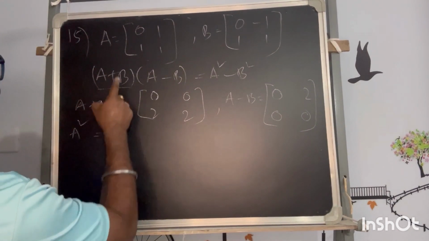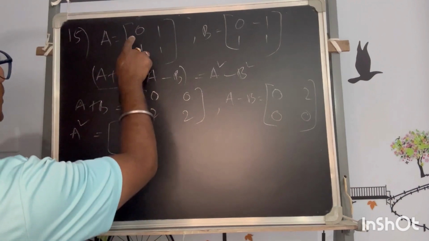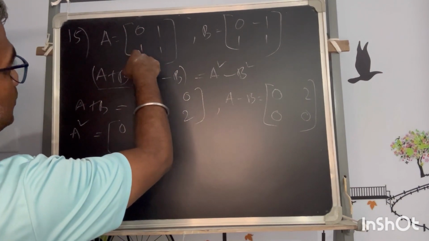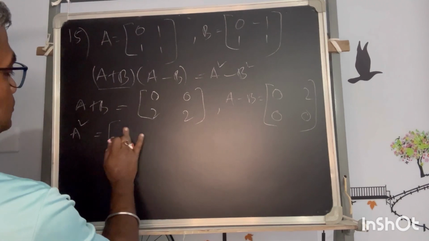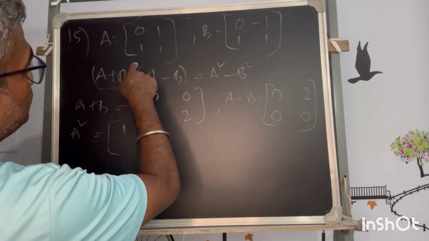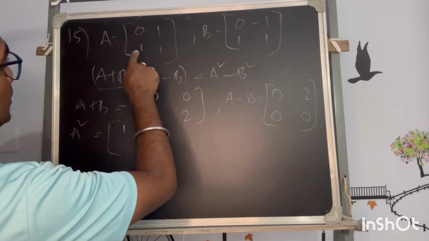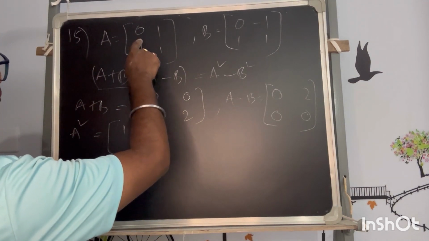So that means this and this square. What is that? 1 into 0 is 0, 1 into 1, that is equal to plus 1. So this is total 1. 0 into this is equal to 0, 1 into 1 is 1. Then the second line, this into this.